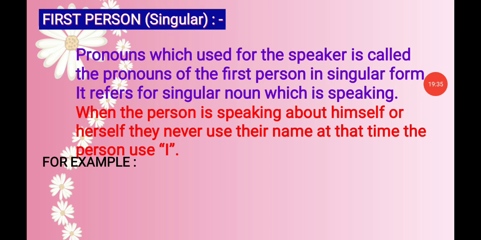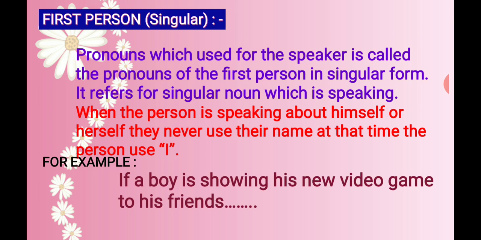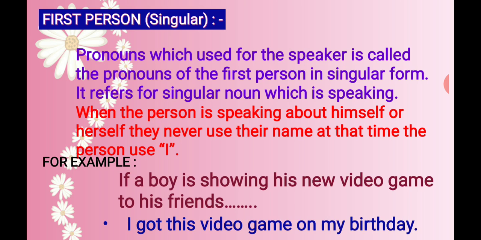Now let's see the first person singular with an example. If a boy is showing his new video game to his friends, what will he say? Will he use his name? No. What will he say? I, instead of his name. So what will be the sentence? I got this video game on my birthday.